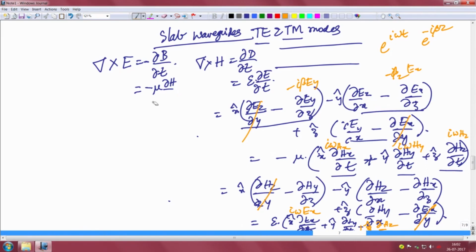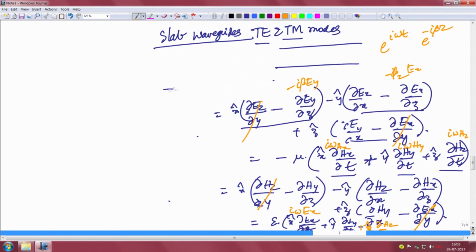So, we will write for the one set of fields and replace it with the other set of fields for ease of operations. For example, we have I beta Ey equals minus mu I omega Hx. This is one equation.